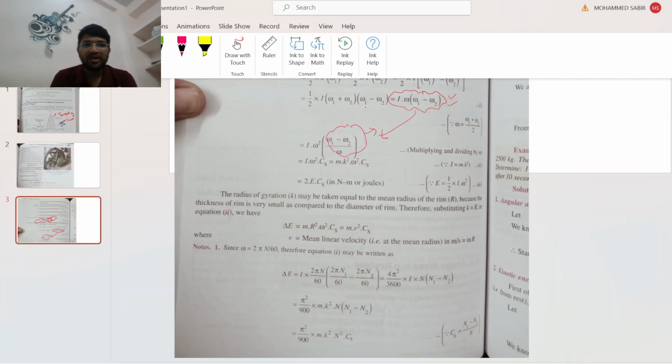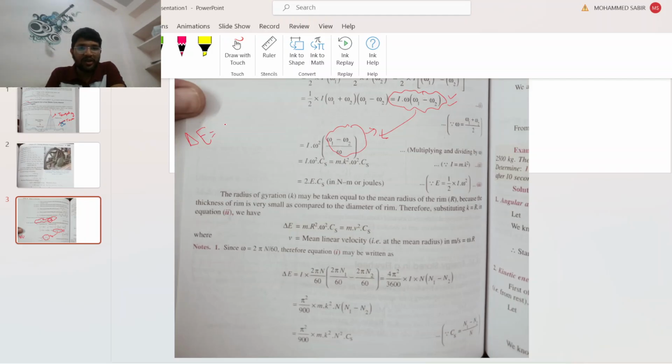This is a predefined constant, which you can easily find using a data book. And by analysis of the turning moment diagram we can find out delta E.